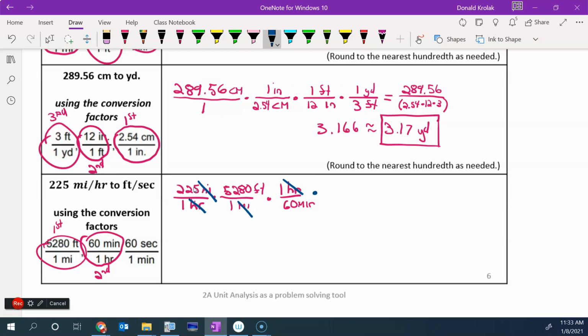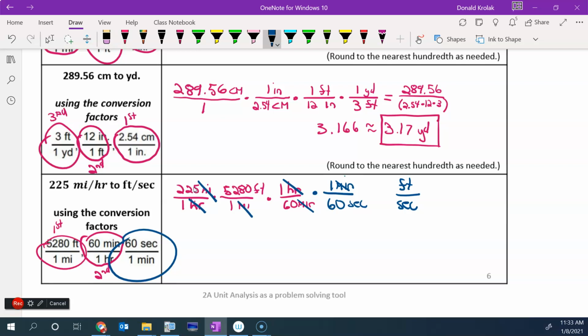And remember, I want to end up with feet in the top and seconds in the bottom. So this last one, I'm going to write minutes on the top, so the minutes cancel, and seconds on the bottom.